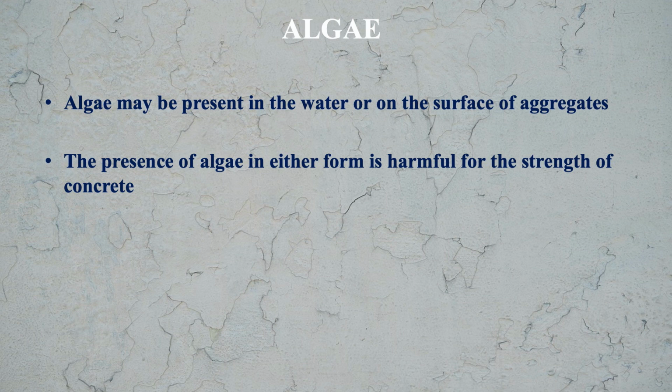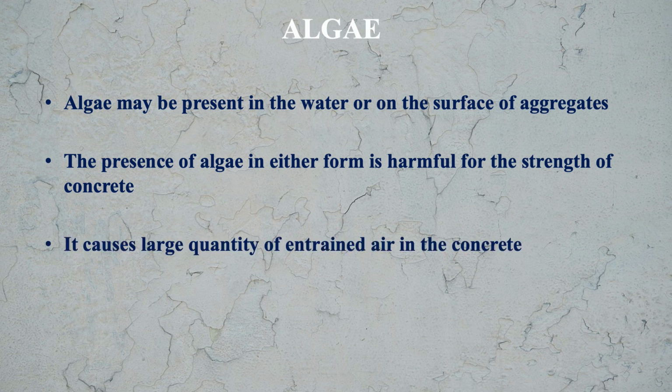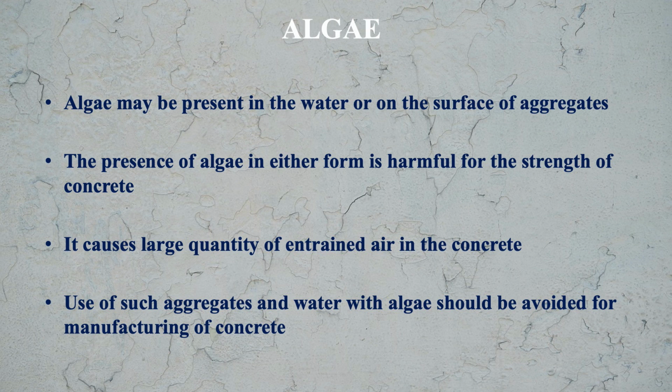So the presence of algae in either form, either in water or at the surface of aggregate, is harmful for the strength of the concrete. Why is it harmful? It causes large quantity of entrained air in the concrete, and use of such aggregates and water with algae should be avoided for manufacturing of concrete.